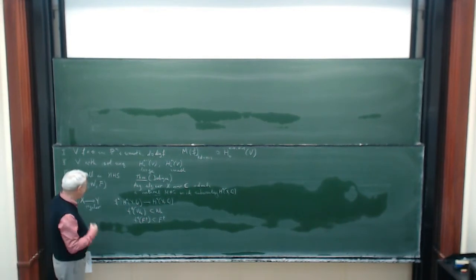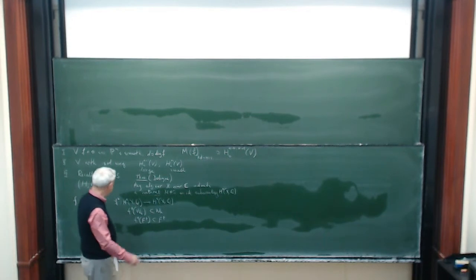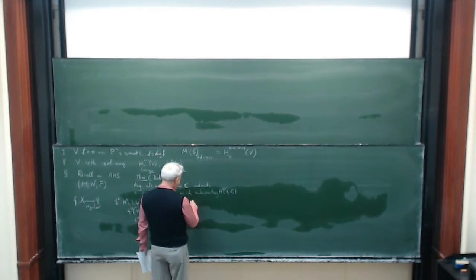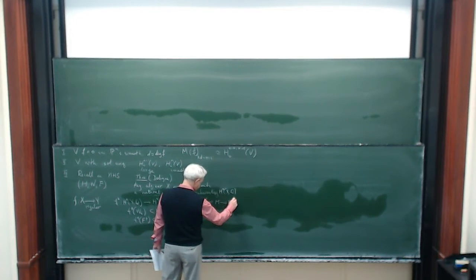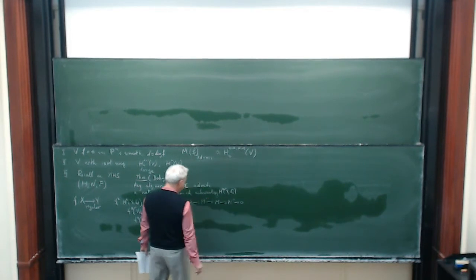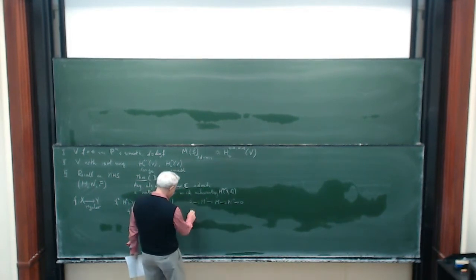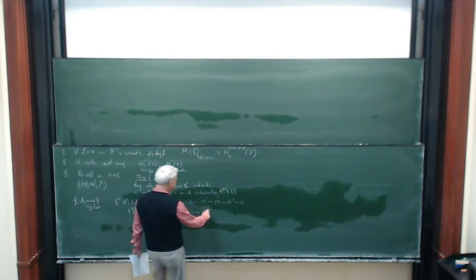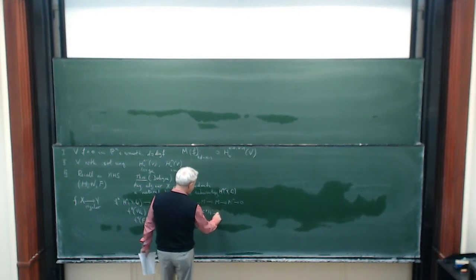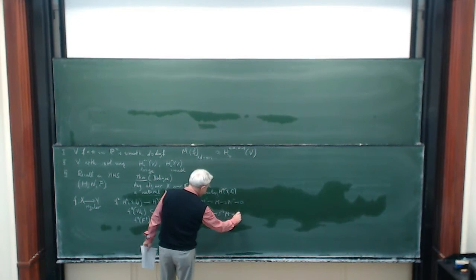And what does it mean? Strictly compatible means that if I have, let's say, an exact sequence of mixed Hodge structures, something like that, then I can take, for instance, the Hodge filtration and the sequence remains exact.